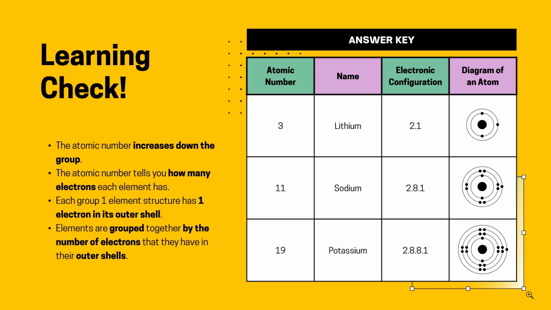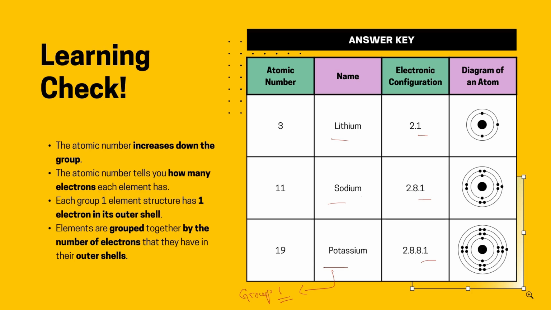If you said that all of them have one electron in their valence shell, you are correct, because lithium, sodium and potassium all belong to group 1. So all the elements have one electron in their valence shell.